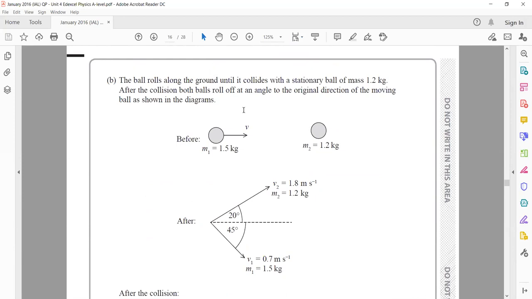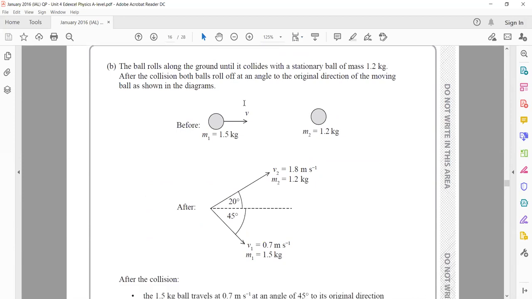So here you will use conservation of momentum. It is about 2 dimensions because the momentum will have horizontal and vertical components. So this velocity after collision will have 2 components.